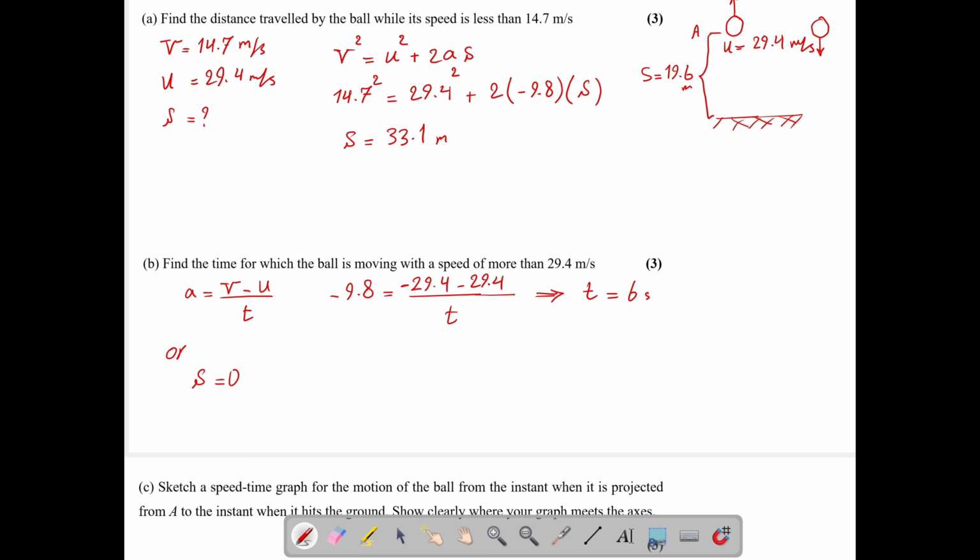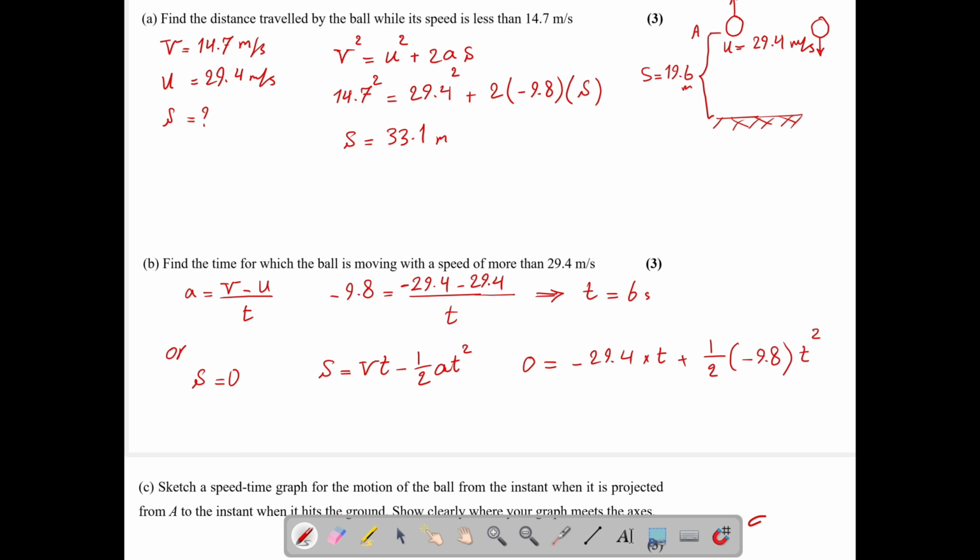Since S equals 0, from the formula S equals Vt minus 1 over 2 at power 2, we can write 0 equals V, which is minus 29.4 because, as I said, we are going toward the ground, so our direction is changed, multiply T plus 1 over 2 minus 9.8 multiply T again power 2.